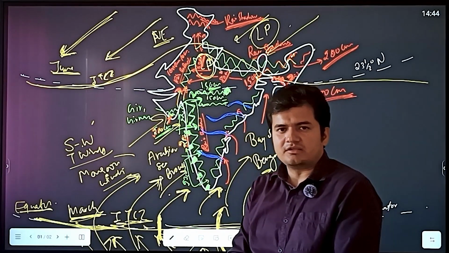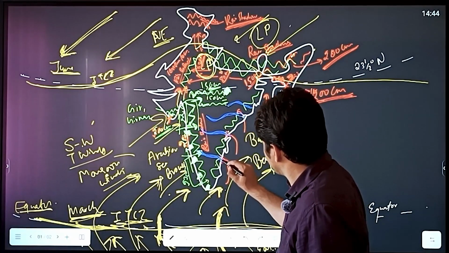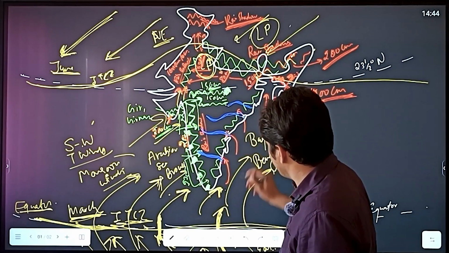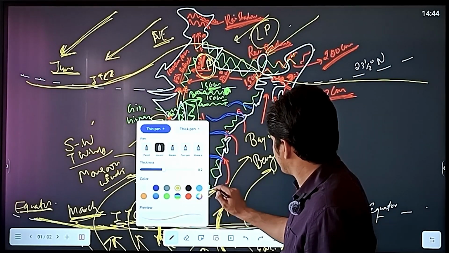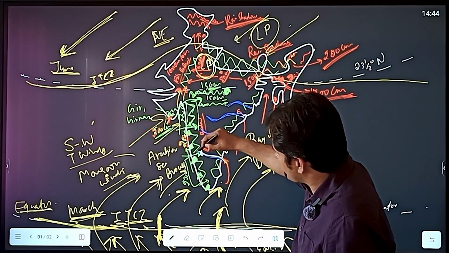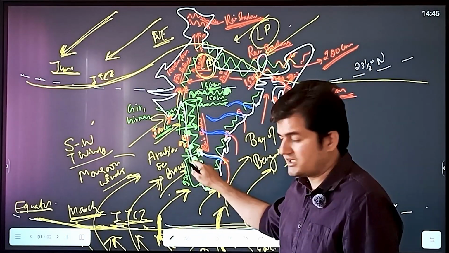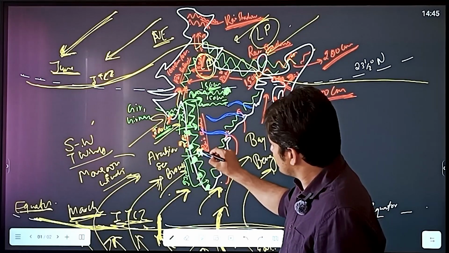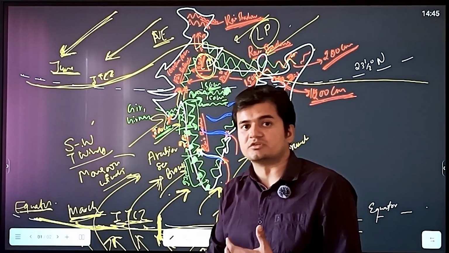But what will happen when these monsoon winds move toward these gaps? These monsoon winds will enter these gaps like this. And here we have Brahmagiri, from where the Kaveri river originates. At the Brahmagiri hills, these monsoon winds will collide, and this will result in a cloudburst situation.